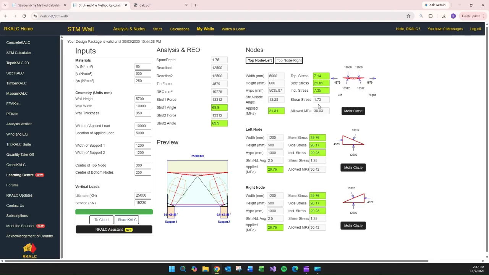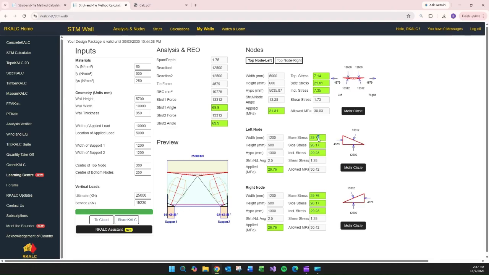And so all of the stresses are within the CCC node allowance, which is 0.9 times 0.65 times f'c as per the Australian standard at the strut and tie modeling. Now CCT node, you multiply that number by 0.8 because it has a less capacity. So what we've got there is the allowed MPa is 30 for 65 MPa concrete, and the applied is 29 on the left node there.